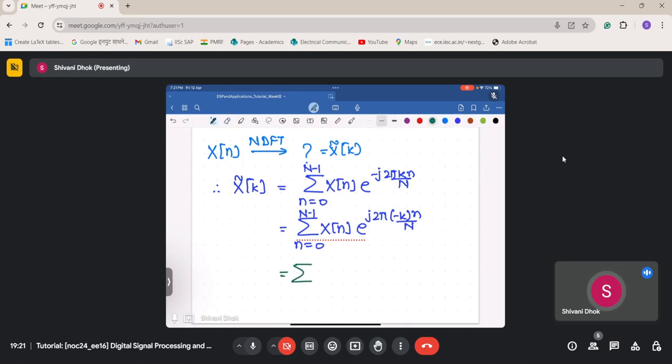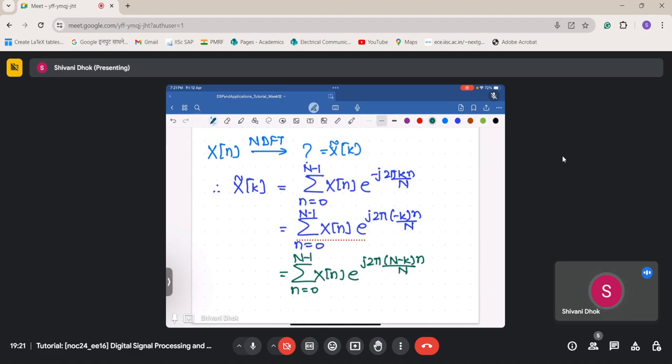so this quantity here is equivalent to e power j 2 pi into N minus k, n by N. So this is just a flipped version of this signal in that particular k running from 0 to N minus 1 region.